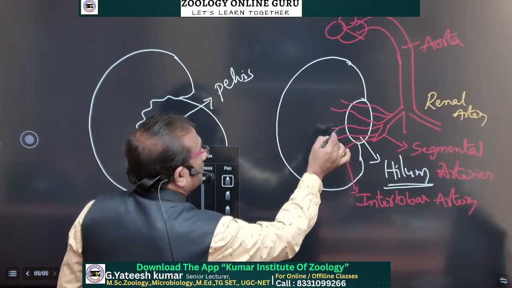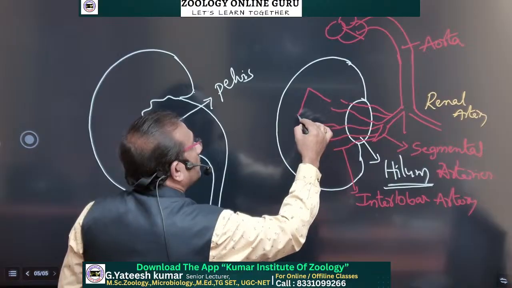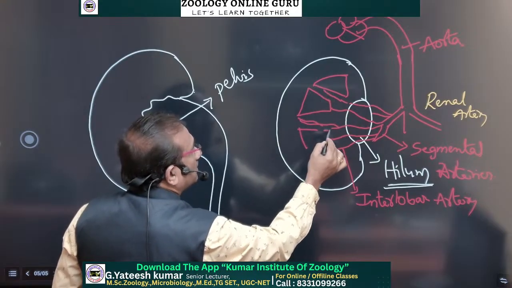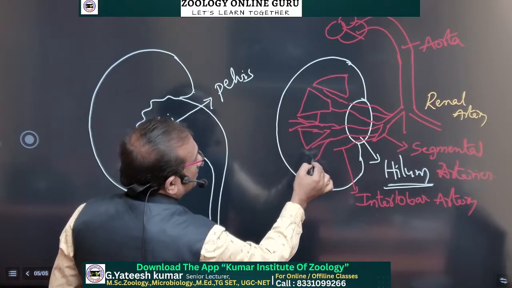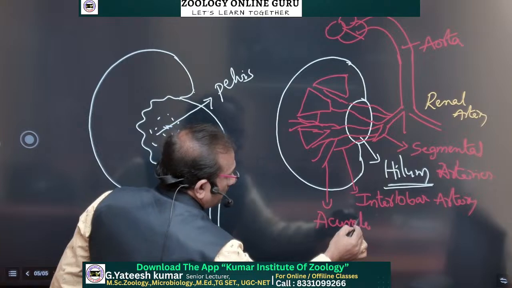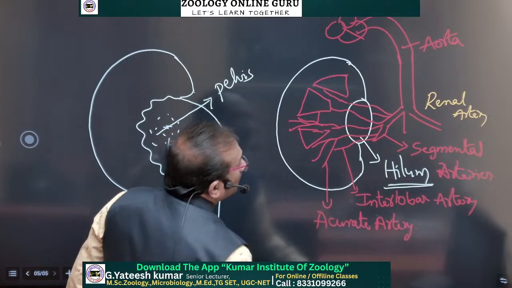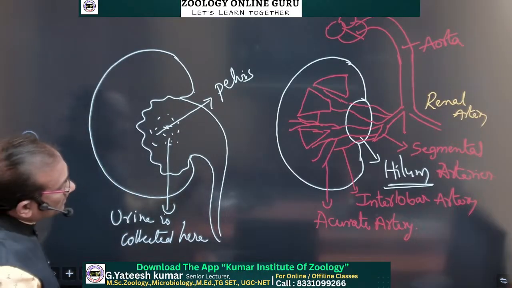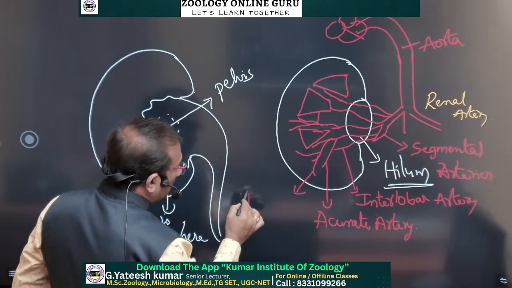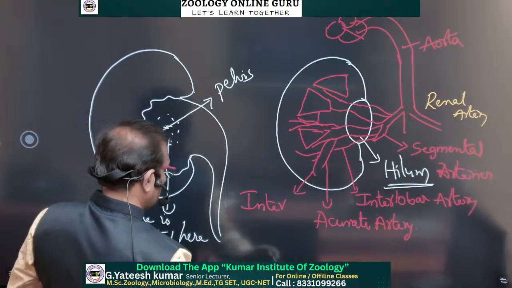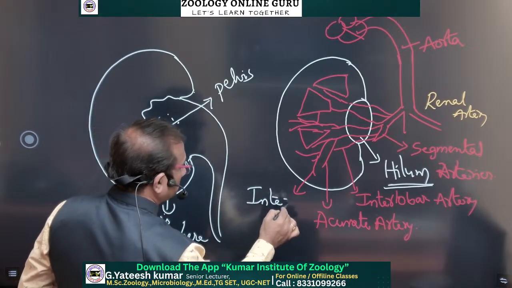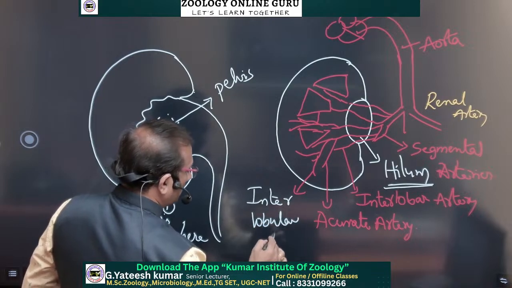After this, they enter between the renal pyramids, deep inside, and then they become arcuate arteries. These arcuate arteries then enter the cortex area and become interlobular arteries.